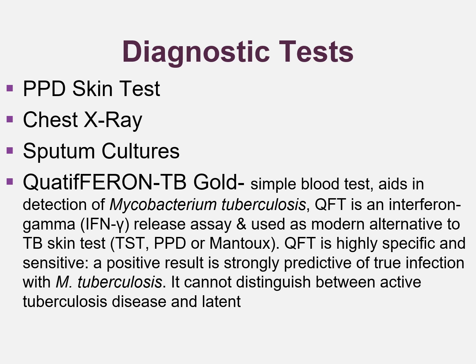It's really specific and sensitive to TB, so it can strongly predict a true infection with the M. tuberculosis, but it doesn't have the ability to distinguish between the active and the latent disease, and it's extremely expensive, so that's why usually the PPD would be used first.